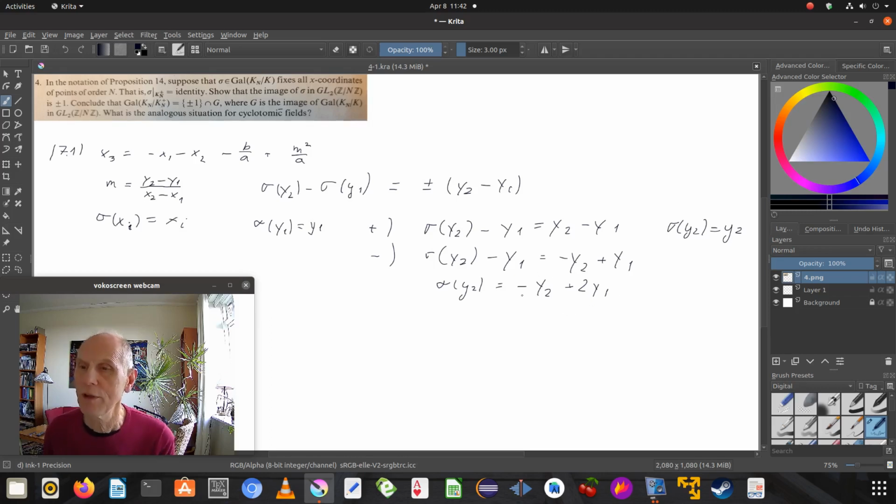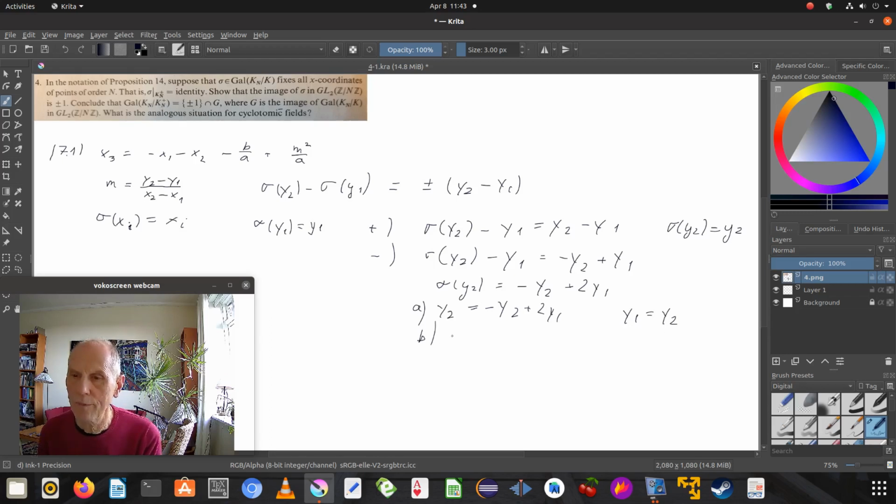We know that it's either plus or minus y2. So we have either y2 equals this, so it's A, which gives y1 equals y2. So they must map the same way.